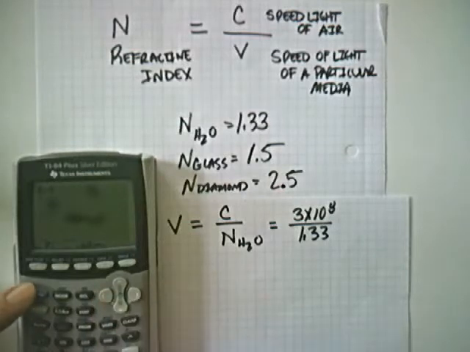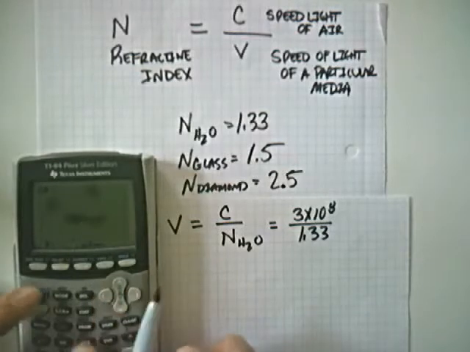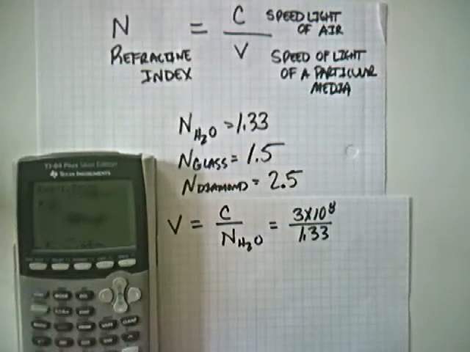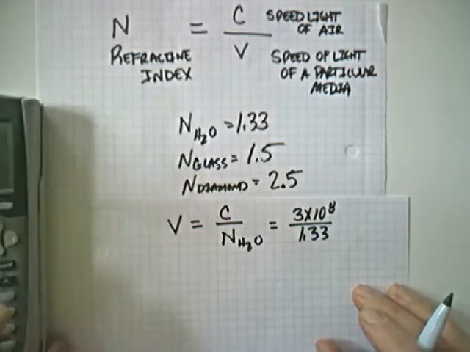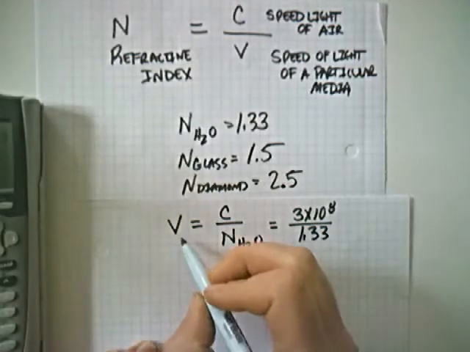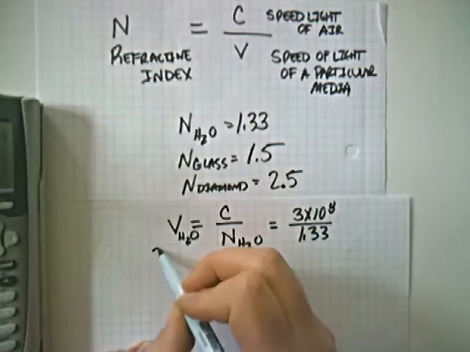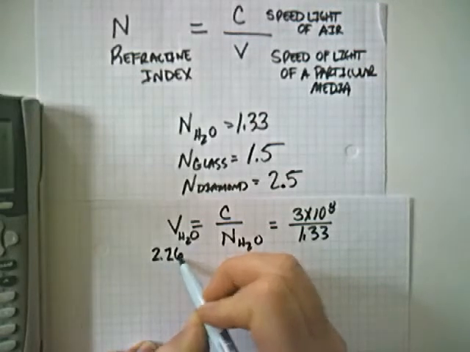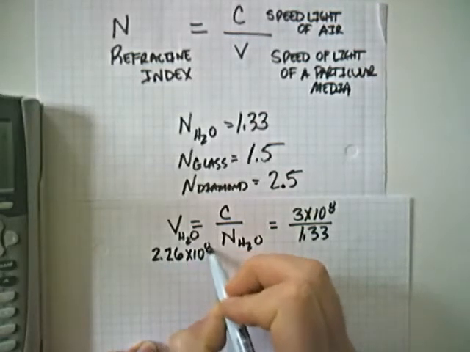So 3E8 divided by 1.33, we're going to get 2.25, let's say 2.3 times 10 to the 8th. So what's the speed of light in water? 2.26 times 10 to the 8th.